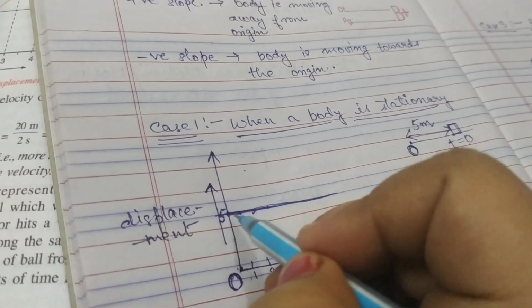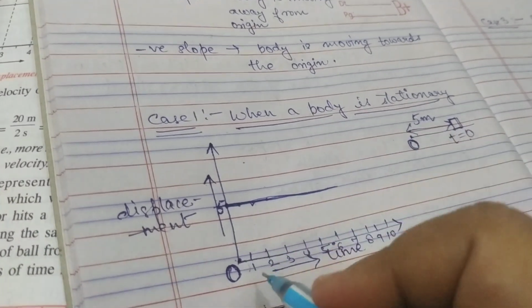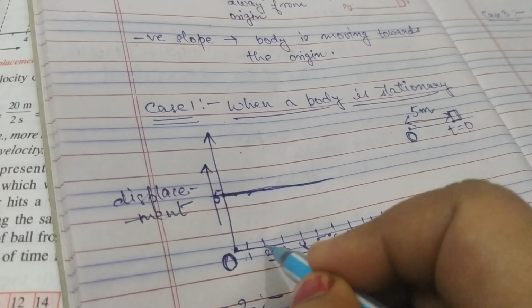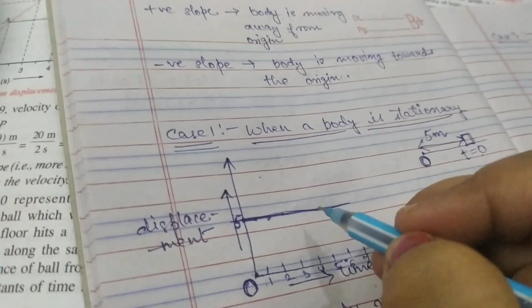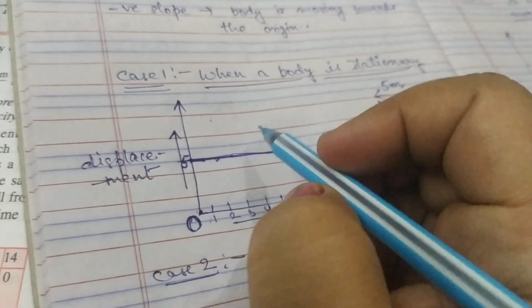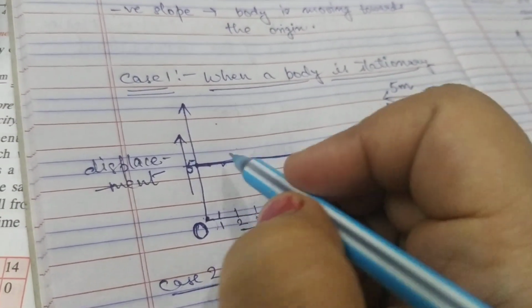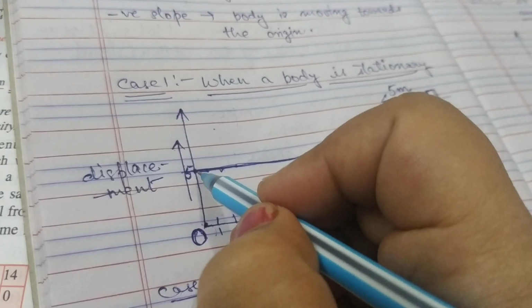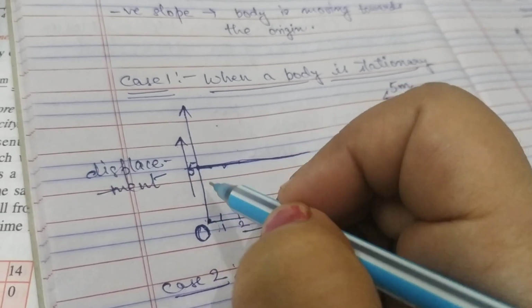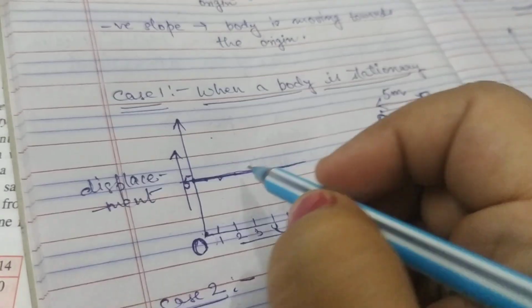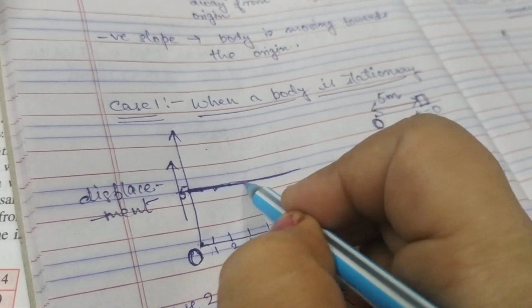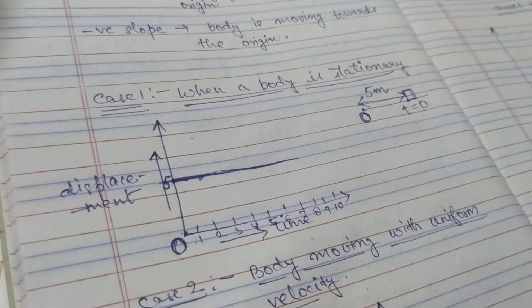Okay, that means at each and every instant, even in between fraction of seconds between these, at every point of time, the body was not moving and it was having a displacement of 5 meter from the origin. So this will always show you a horizontal line, right?